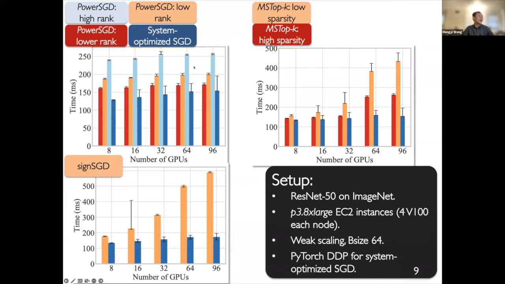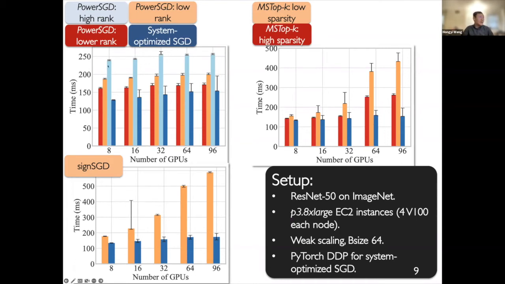The dark blue bar here, which we call system-optimized SGD, is basically PyTorch DDP. That's just the API, and we just take the cluster instances from EC2, from AWS. So those are the kind of standard setting we can possibly find.